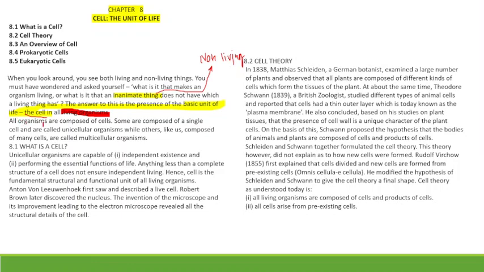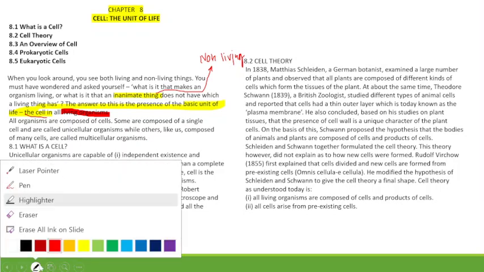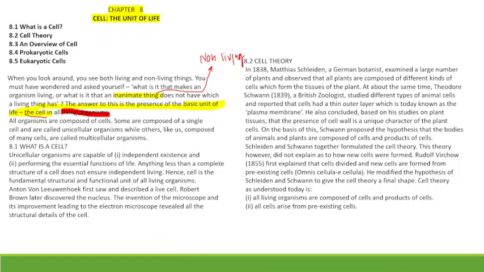Then all living organisms are composed of cells, and some are composed of a single cell and are called unicellular organisms. So जिन organisms में सिंगल सेल प्रेजेंट होती है उनको हम कहते हैं the unicellular organisms, while others like us, so what we are, the multicellular organisms, because we have presence of many cells.